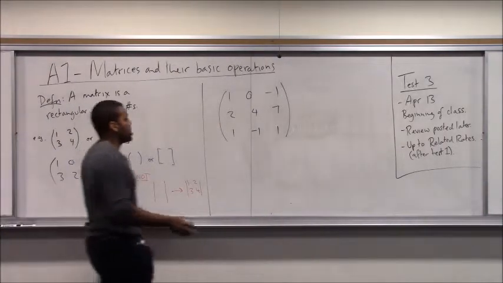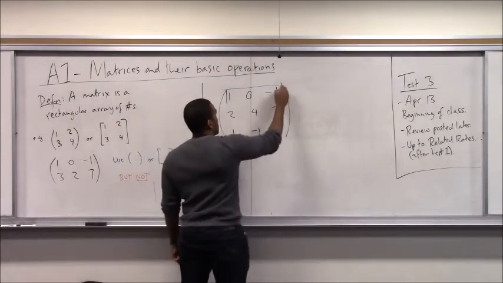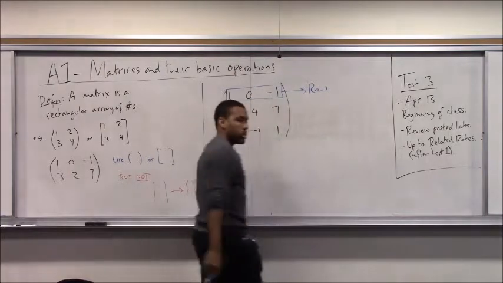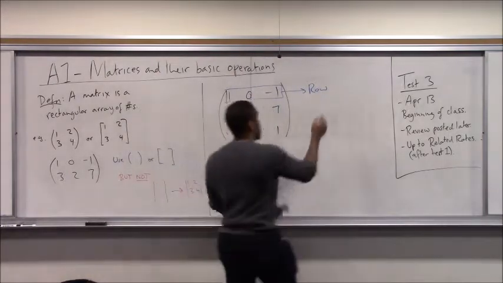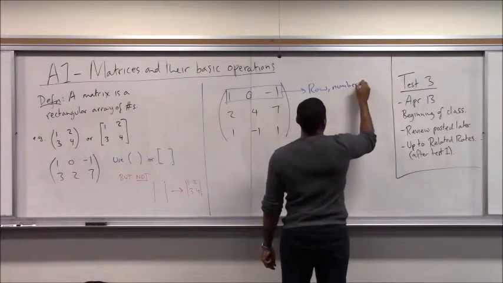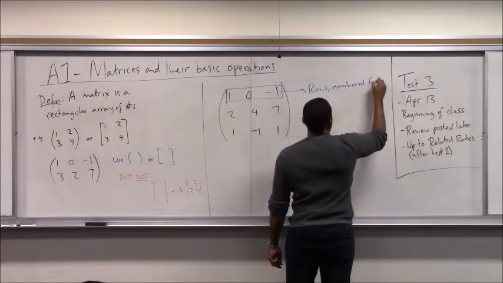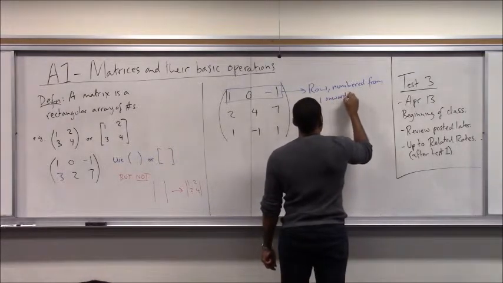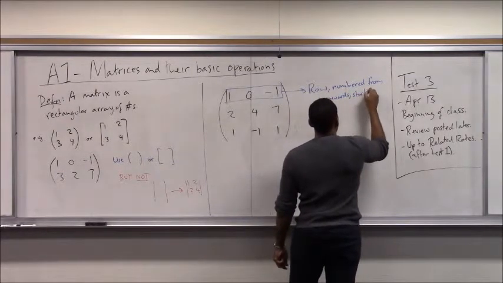Any horizontal sequence of numbers, we call that a row in the matrix. And these are numbered from 1 onwards, starting at the top.